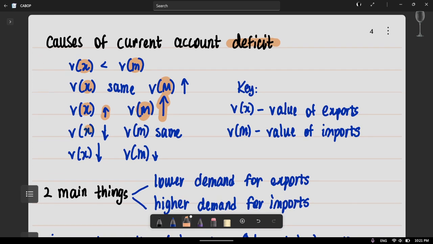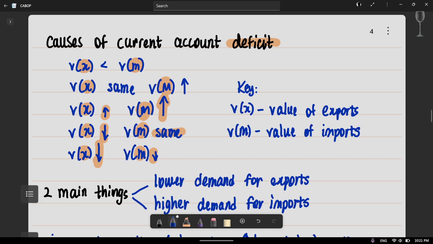Or the value of exports has decreased, but the value of imports remained the same. Or the value of exports has decreased way more than the decrease in the value of imports. These are all possible things that could cause current account deficit.